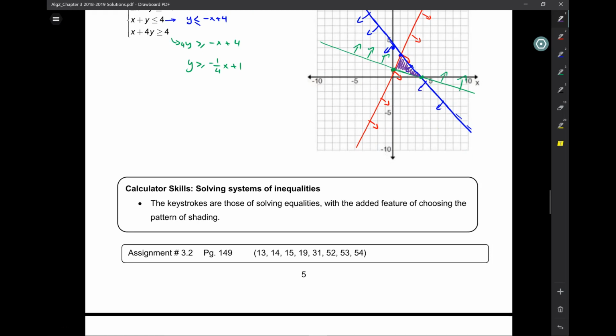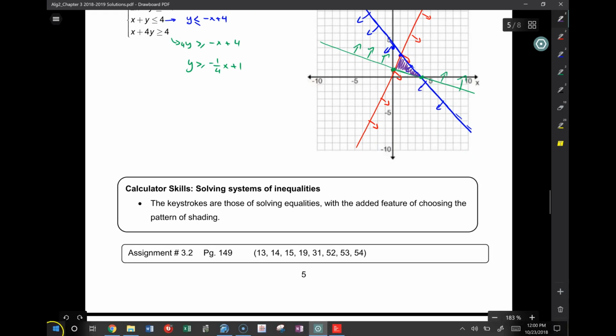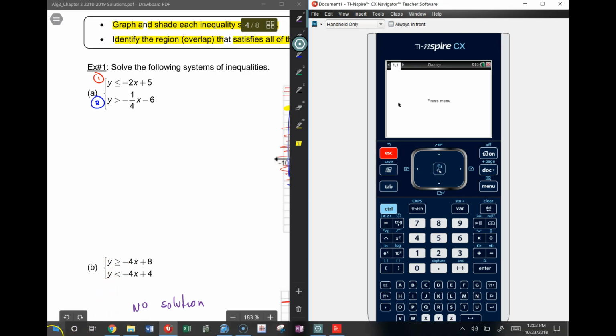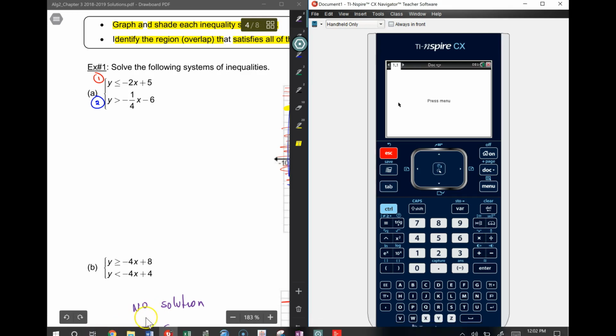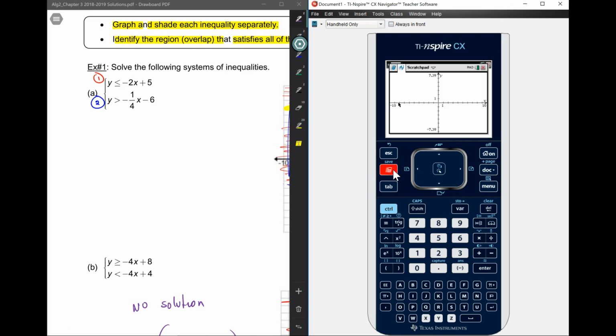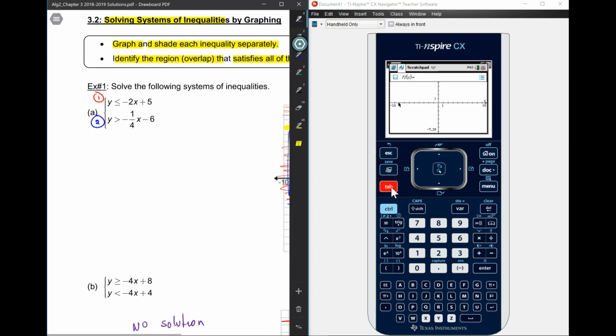All right. So go ahead and take out your calculators and let's do some with the calculator. If you're in this window, the quickest way is to press this calculator button on the left, and you can toggle between calculator and graph. Now when you're in the graph, press tab to go to F1 x equals. I'm going to graph the first one we did in this section.